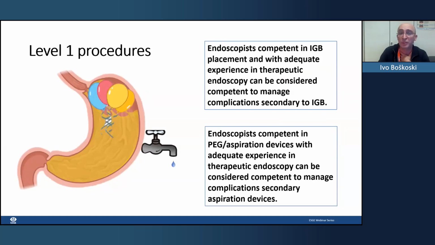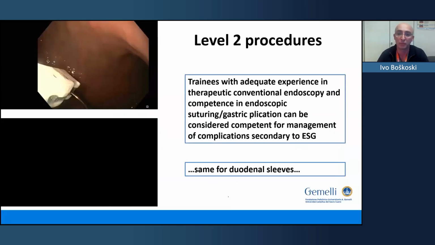So for level 1 procedures, ESGE recommends that an endoscopist competent in gastric balloon placement with adequate experience in therapeutic endoscopy can be considered also competent to manage complications secondary to this. It is the same for aspiration devices. If you have adequate experience in that, you can be considered competent to manage complications in these cases.